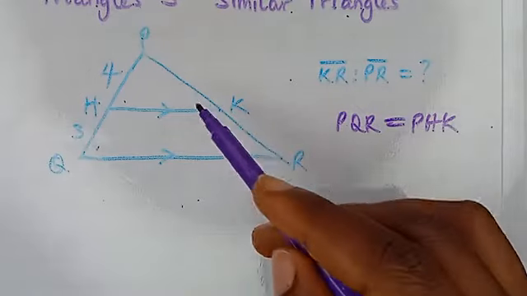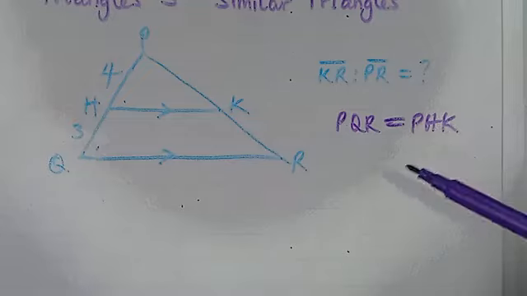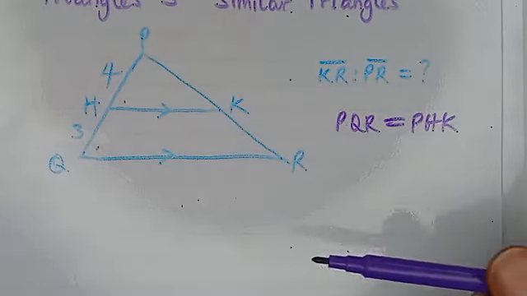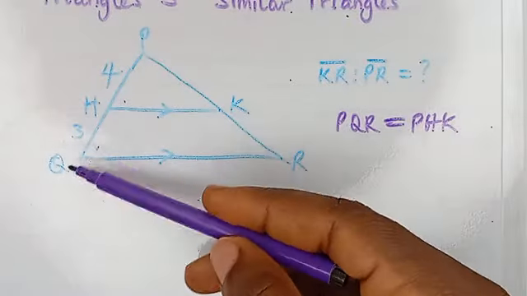Ratio of KR to PR. Now, we know that all these things go according to same ratios. So very easy. We are going to be using the side that we know.